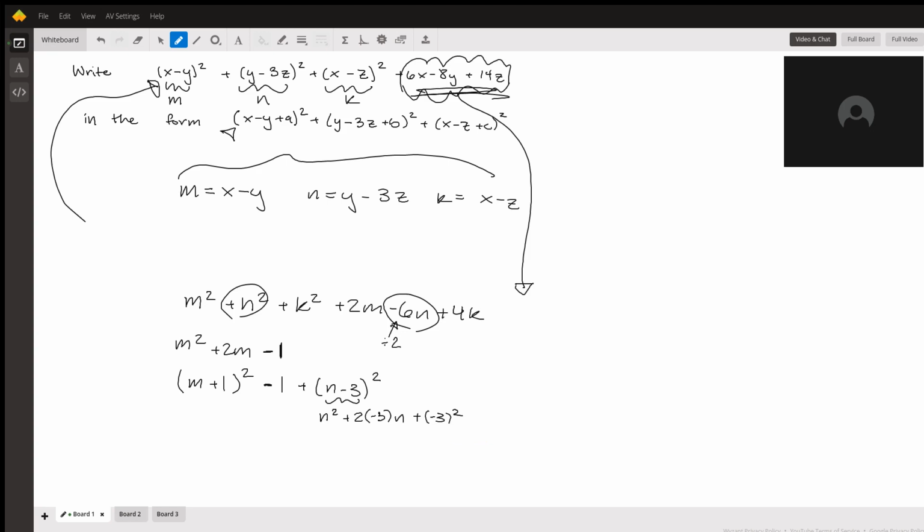So we divide by 2 to figure out what we want to put in there as b. And we decide to put in negative 3. But again, that'll leave us with this extra plus 9, so we have to subtract 9.